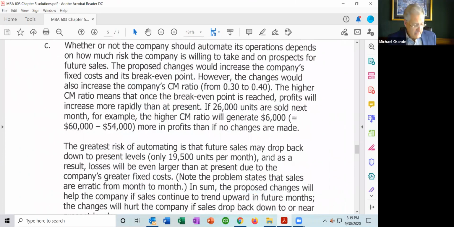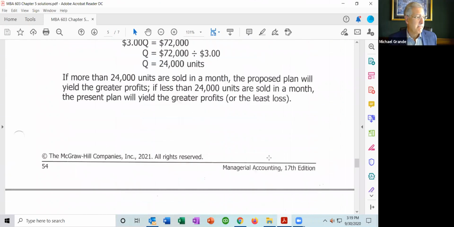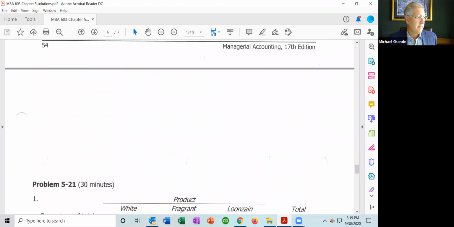Okay, let's take a look at exercise number 21. So let's read exercise 21. It says, Gold Star Rice, a Thailand company, exports Thai rice throughout Asia. The company grows 3 varieties of rice: white, fragrant, and Lunzan.